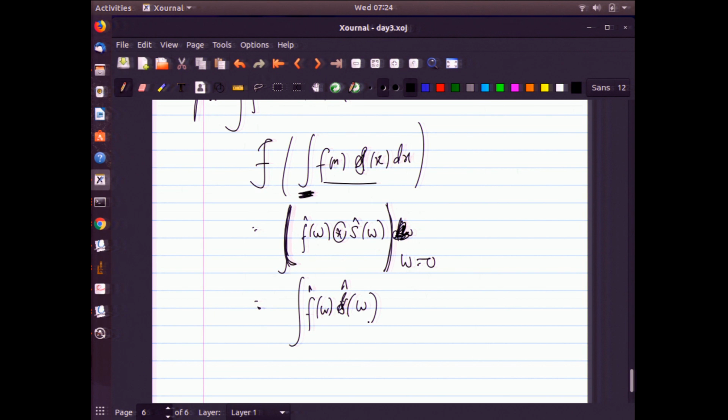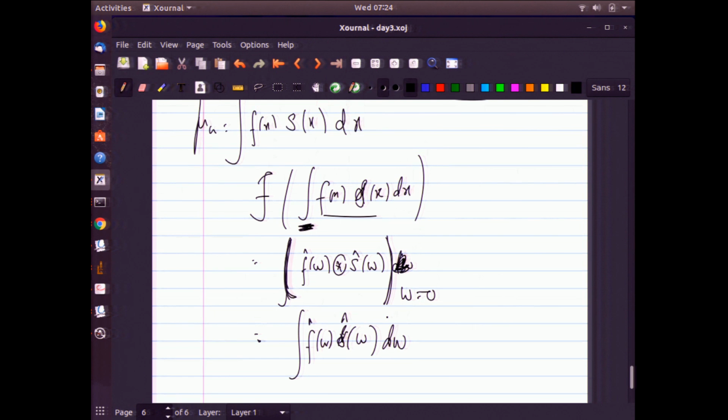And integrate that, just one location at DC. So there's no shift. Shift is 0, so it's simply a product. So you can simply write it like this. This is a very important result, because what this tells us is our integration of a sampled function can be represented in the Fourier domain.